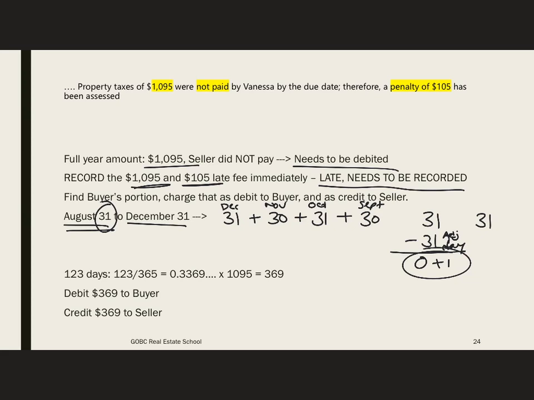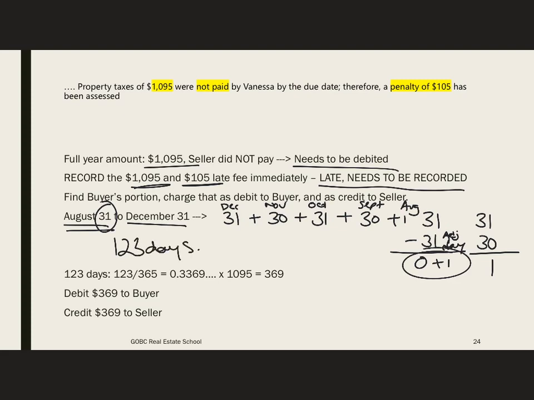Or the other version, when you know that you're calculating the buyer's portion, you can just back it up by 1 day, and you can go back to the 30th, and then you would just get your 1. So there's only 1 day for August. When you add all of those up, you get 123 days.